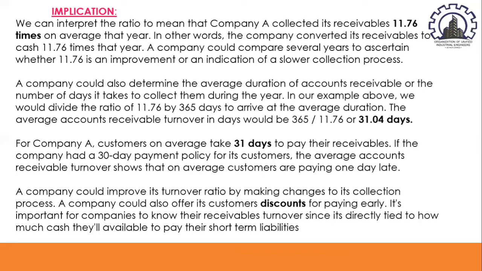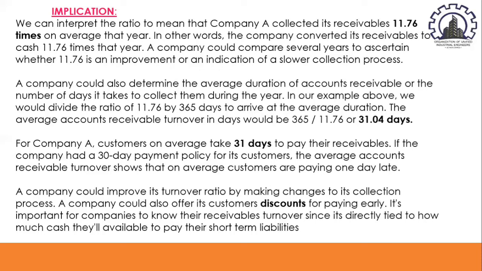A company could compare several years to ascertain whether 11.76 is an improvement or an indication of a slower collection process. A company could also determine the average duration of accounts receivable, or the number of days it takes to collect them during the year.